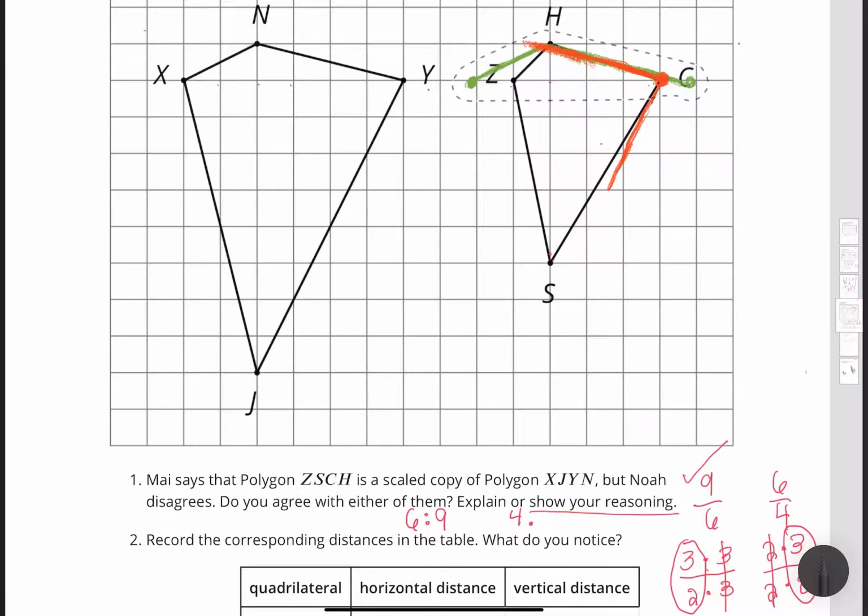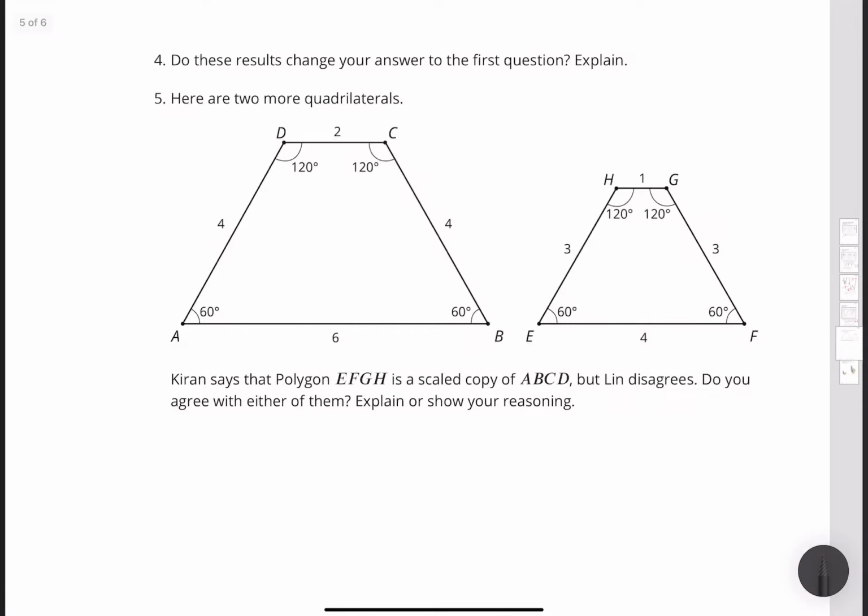So the next question, number 4, says, after you use your protractor, do these results change your answer about the first question? I want you to think about that and answer it in your head. Pause the video if you need to. Does this change your thoughts on the first answer?